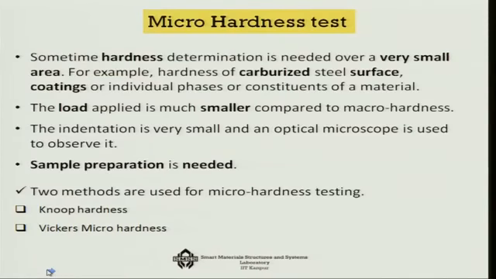Now, sometimes what happens is that this hardness is insufficient, particularly when you make a very thin layer. This kind of general hardness is good when you have a single material, but many times we give a special surface coating on metals.